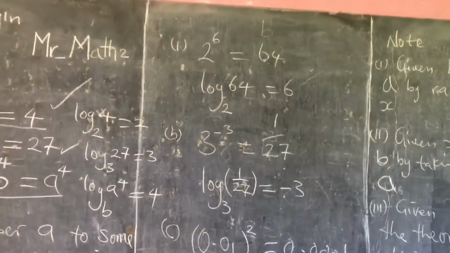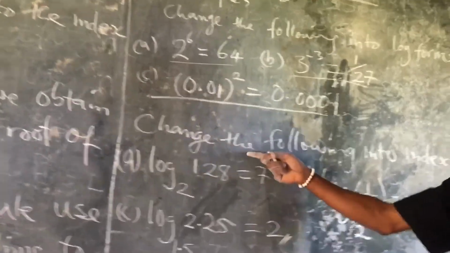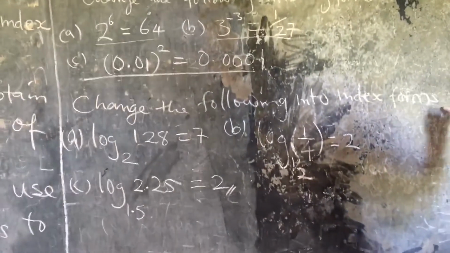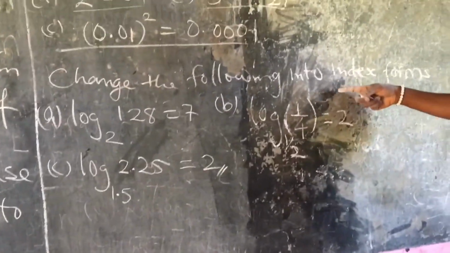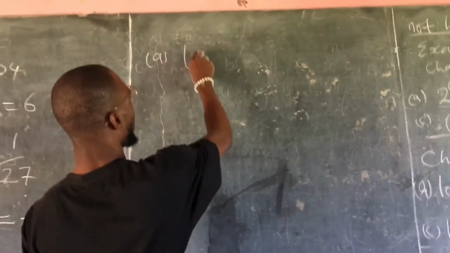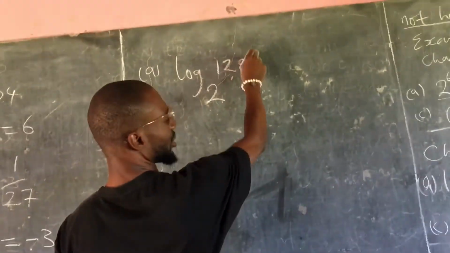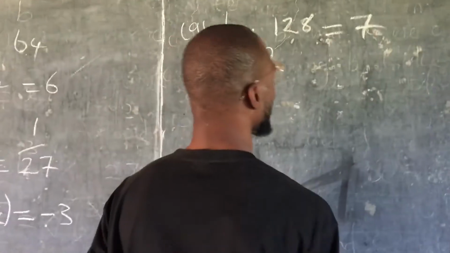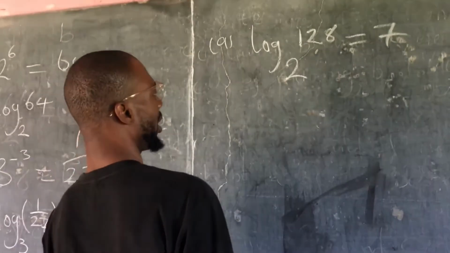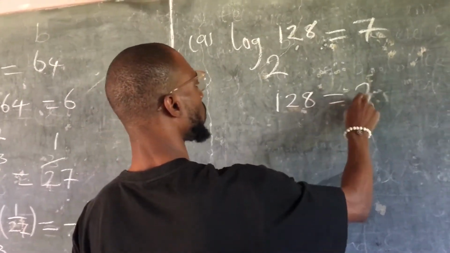Our second question says change the following into index form. The first one says log of 128 to base 2 is equal to 7. To change that to index form, I will just say 128 is equal to 2 raised to the power 7.